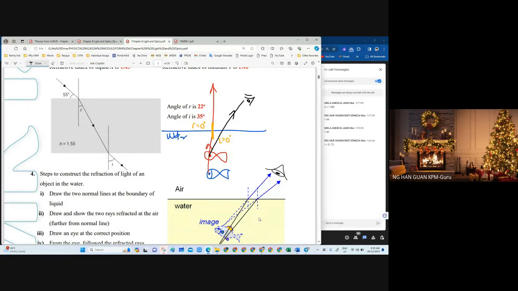I repeat: the first straight line from the object links to the image and goes straight forwards. The second straight line goes from the image into the eye. Then, at the connection point on the borderline between the water and the air, from this divider point we link it to the object.